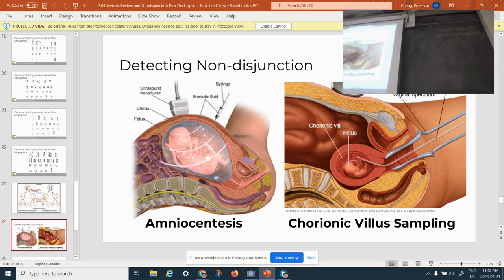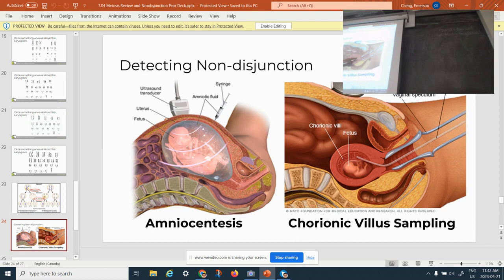For a much higher accuracy, amniocentesis is done. Instead of a needle to collect the amniotic fluid, chorionic villus sampling uses a catheter to scrape off a little bit of the tissue around the placenta.